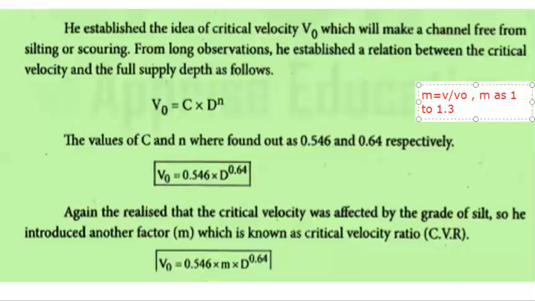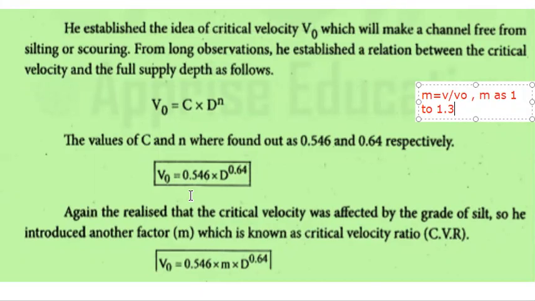So the mean velocity is given as 0.546 into D power 0.64, right? I'll tell you about this formula later on, because Kennedy designed the channel based on the available ground slope, and the suitable B by D, that is the bed width to depth ratio, was fixed by experience. So Kennedy used Kutter's formula for velocity, right?